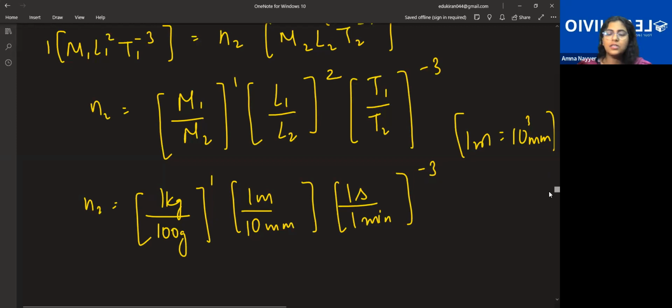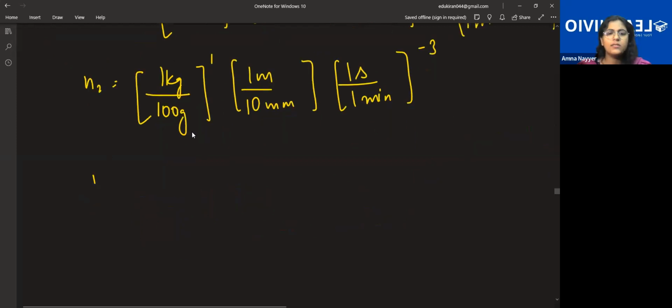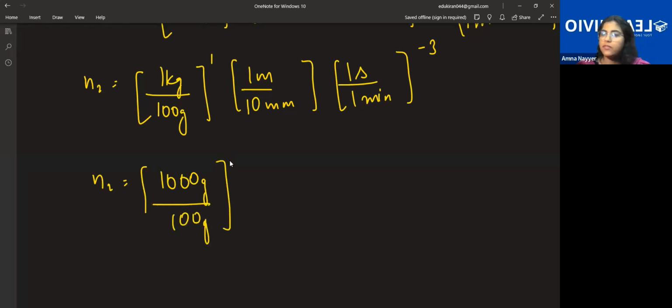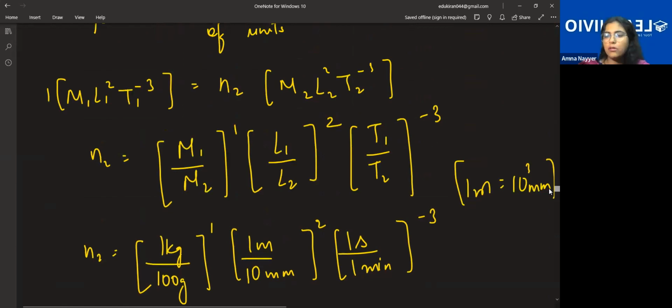Now let us convert. Let's start with the conversion, because then all these will be cancelled. So how will we convert kg? Kg is 1000 gram by 100 gram to the power 1. 1 meter, we'll be converting, but here 2 also is there. So we have 1 meter by 10 millimeters, but we have the square also.